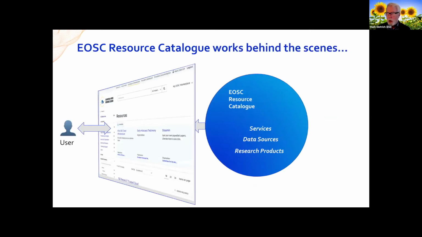So how does it work? Well, the resource catalog works behind the scenes. So the user, a researcher, but frankly anybody with an appropriate login, can see these resources, and then when they are interacting with the website, they're actually interacting behind the scenes with this big blue ball of the EOSC resource catalog, and inside it is information about services, data sources, research products.